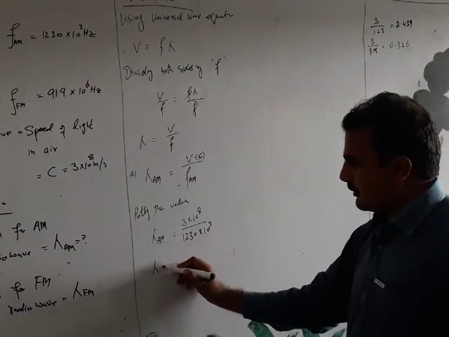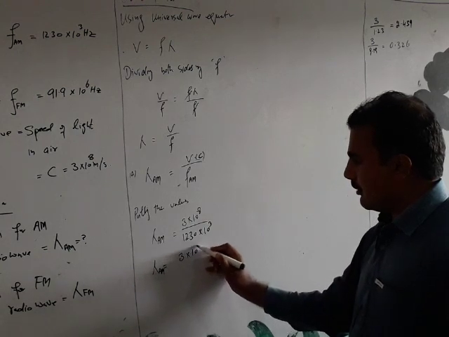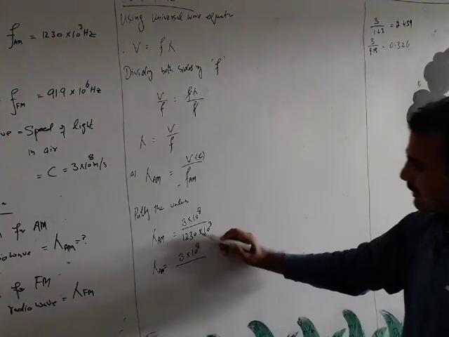So I will write it as 3 multiply 10 power 8 divided by this number.